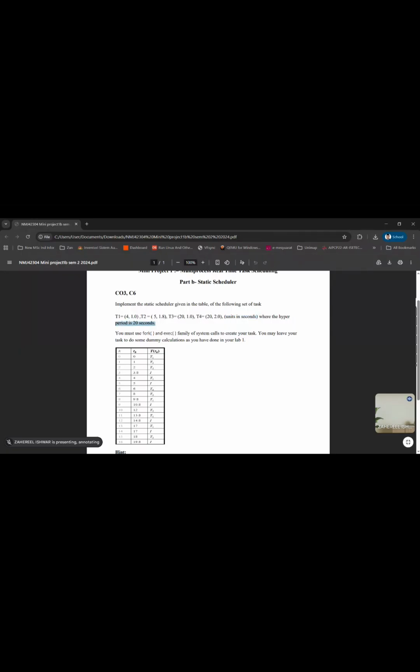Now, you must use fork and exec family of system calls to create your task. You may leave your task to do some dummy calculation as you have done in your lab 1A. So you can use the same mathematics that you implemented in your task.